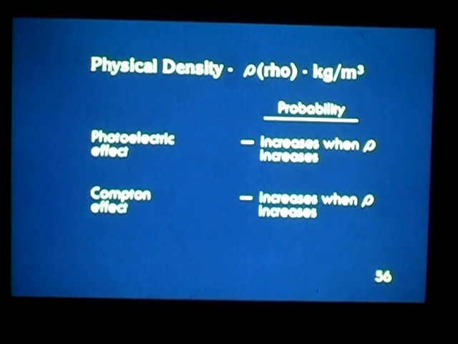Density is the amount of mass per unit volume of a material. If there are more kilograms of a substance within a cubic meter, there will be more atoms with which X-rays can interact. So the probability of interaction increases as the physical density, or ρ, increases.